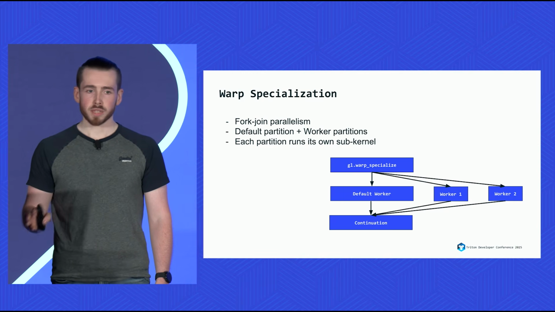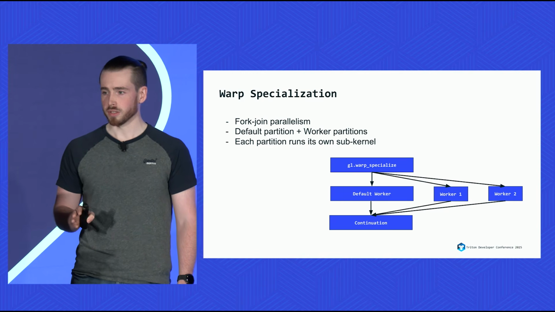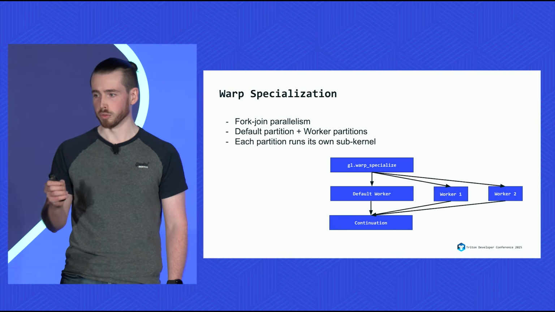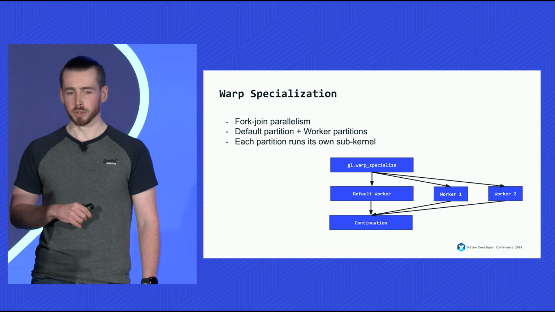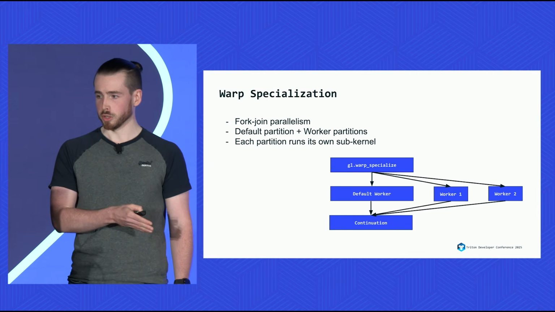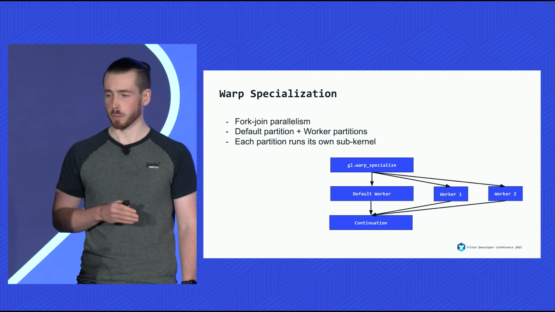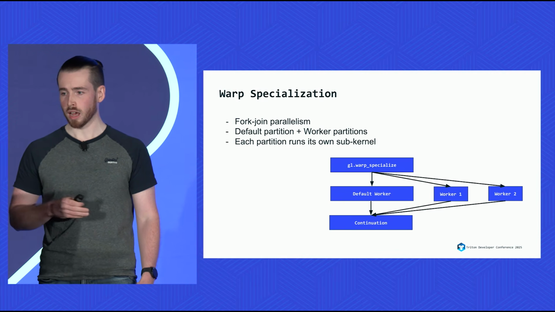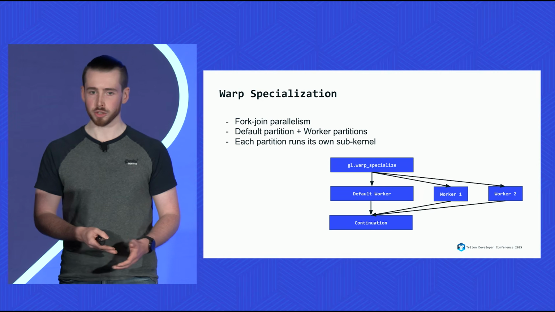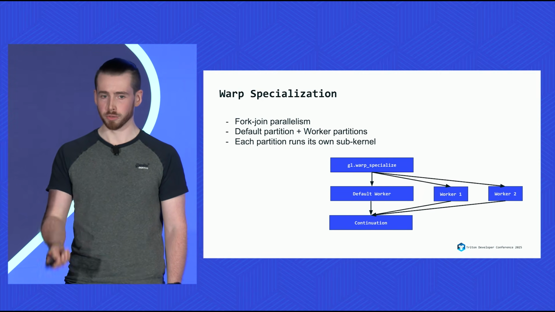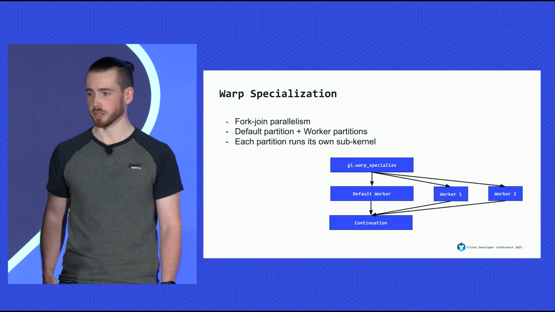But you can also specify additional worker partitions, and these actually run different code, and they can have a different number of warps. For example, in your matrix multiplication, one worker might be doing your loads, and another worker might be doing your MMAs. After you've finished execution of all the worker regions, it's going to block and resume execution of your main kernel.